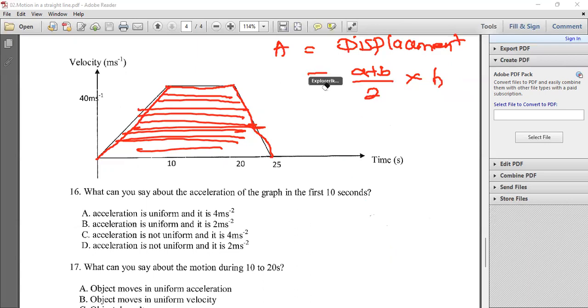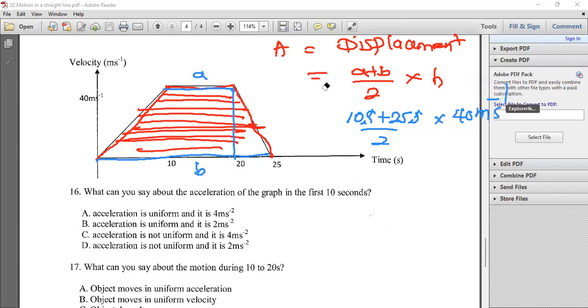A and B would be the two parallel lines. The length of A is 10 seconds. The length of B is 25 seconds. Divided by 2, perpendicular height is 40 ms minus 1.